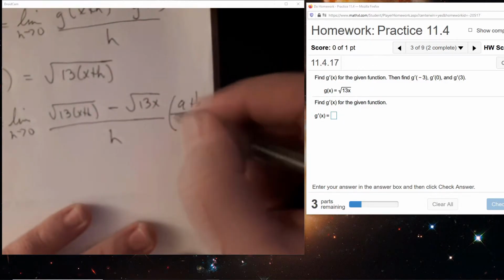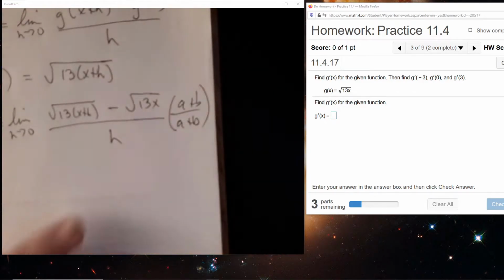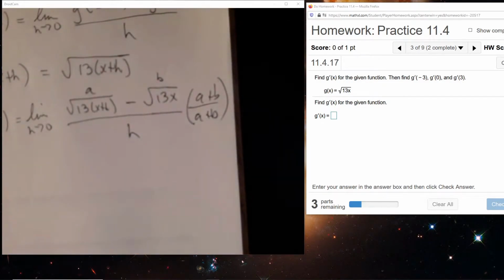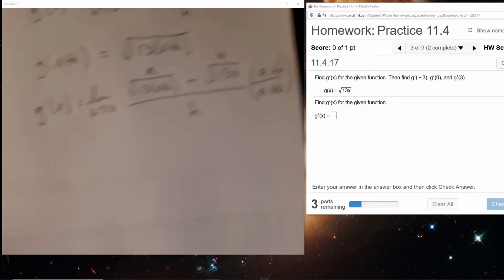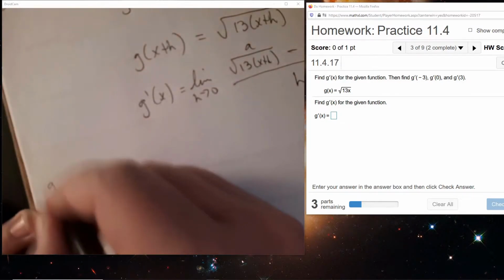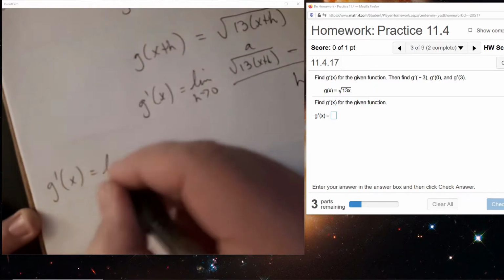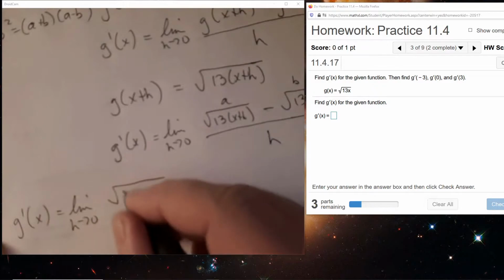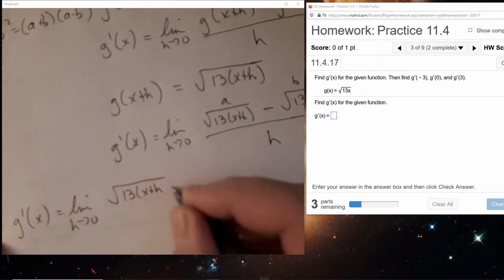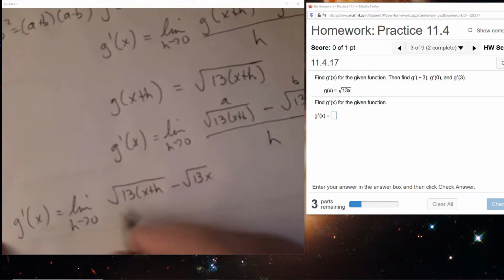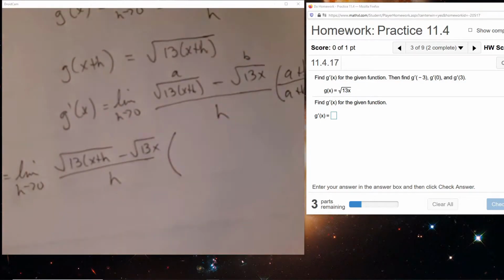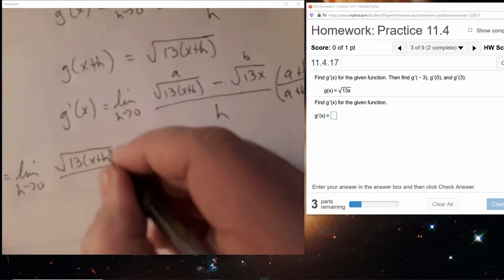And I'm not going to have enough room here, so let me rewrite this out. We're going to multiply this by a plus b over a plus b, where this is a and this is b. So let me write that out again with some more room. We're going to multiply the top and bottom by the conjugate.